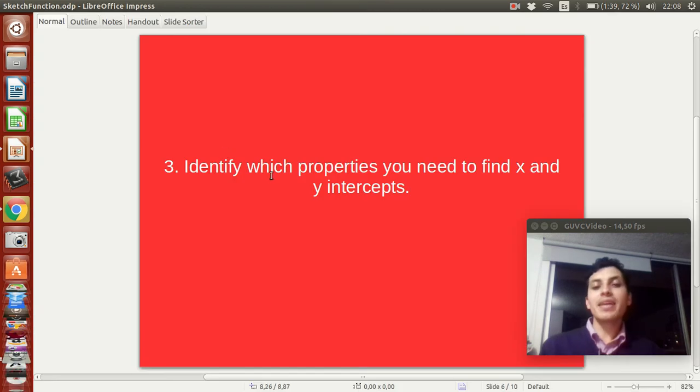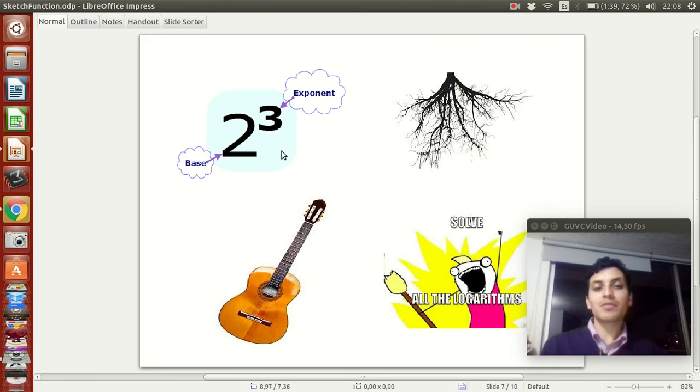But what is the key? The key is to identify which properties. For example, if it's exponential, you use properties of exponents, so which are the properties I need to use? Or the logarithms, you need to use logarithm properties. So which are the properties I need to apply?